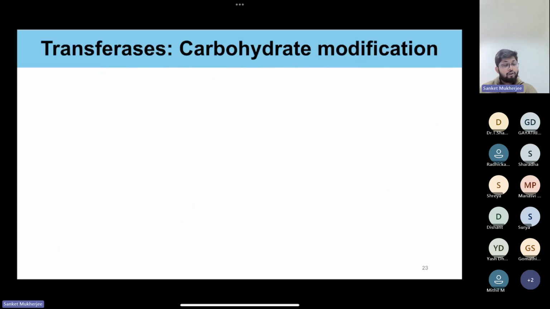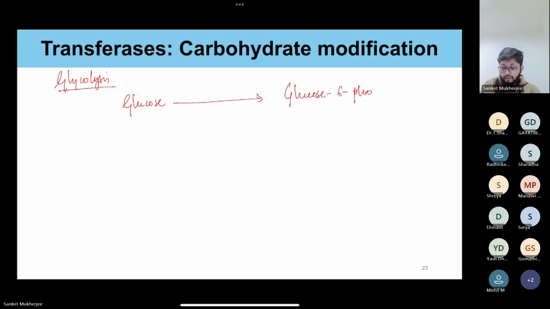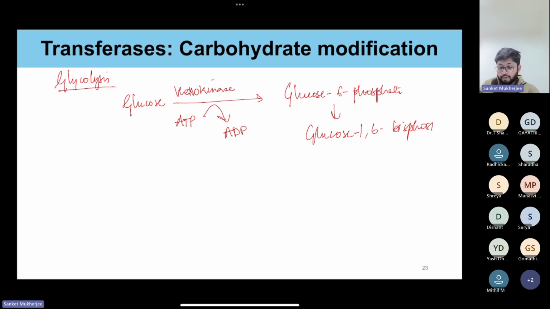Fine. Now, if we talk about carbohydrate modification, if we look at glycolysis, for example, if we look at transferases here, glucose is converted to glucose 6-phosphate using the enzyme hexokinase. This is a transferase. It requires ATP as a cofactor. Again, it can also form glucose 1,6-bisphosphate using another ATP.